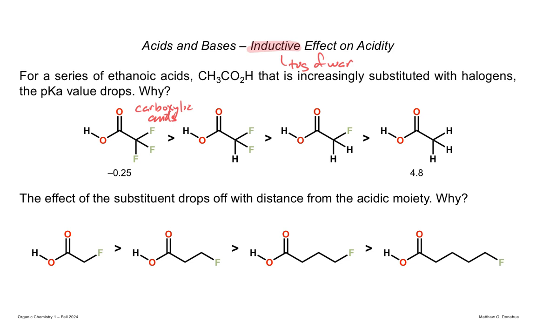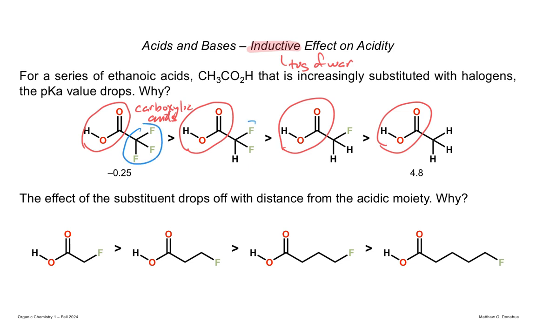It's always at the end of the chain. So CO2H. What is affecting the acidity of that OH is the stuff that's bonded to the CO2H group.